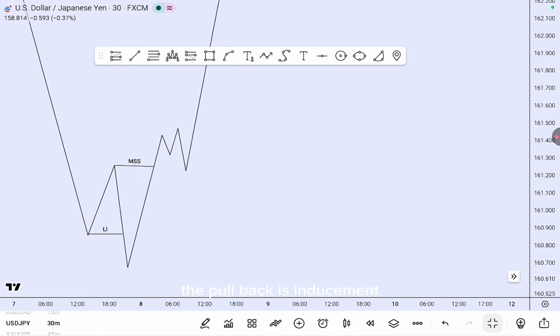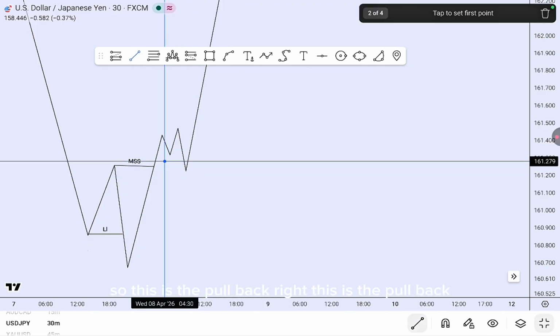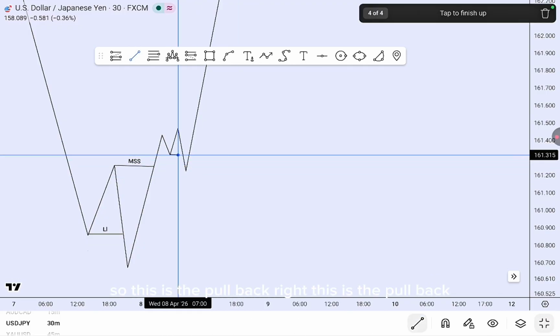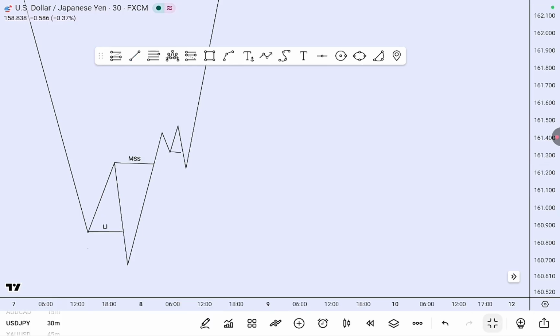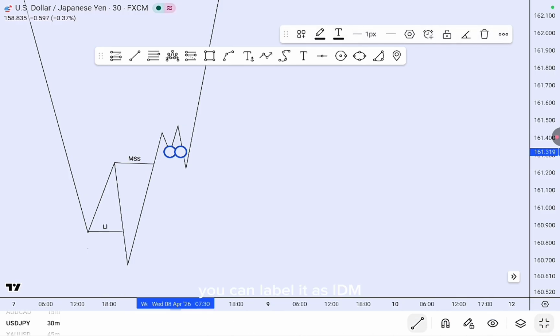The pullback is inducement. After the market structure shift, you will focus on finding inducements. So this is the pullback, right? This is the pullback. Then after finding your pullback, which is inducement, you can label it as IDM.